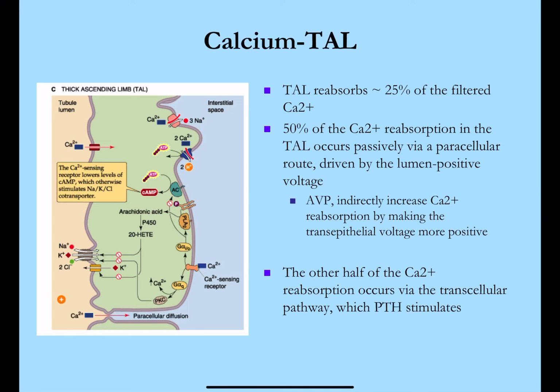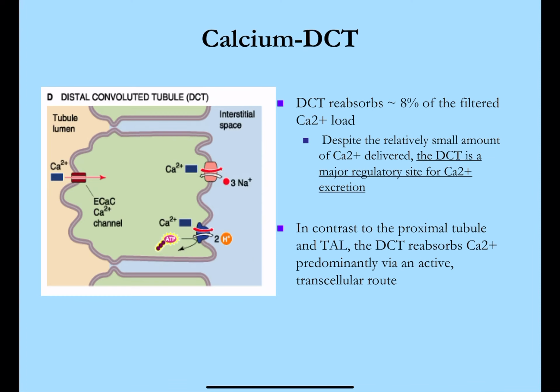Anyhow, then the later parts, in the distal convoluted tubule, right? Even though I'm dealing with a small, 8% filtered load, this specific epithelial calcium channel is going to be the major regulator site for calcium. The earlier ones, like the proximal tubule and TAL portions, can also be dealt with, but most of the time I come in and try to regulate from here.